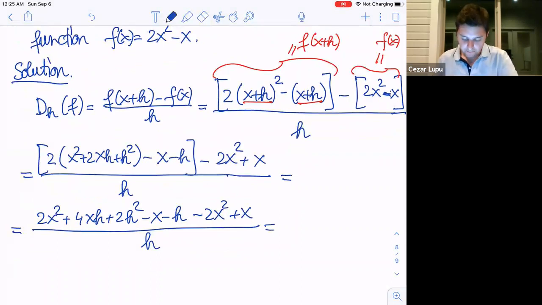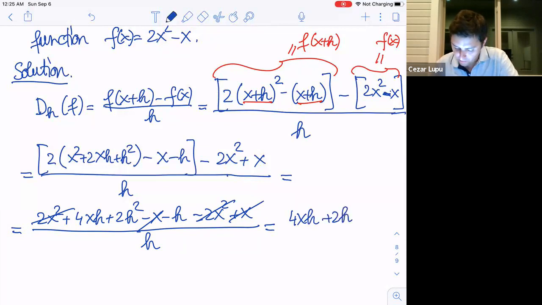So these guys will just go away. These guys again will go away. And we're left with the following: 4xh plus 2h squared minus h, everything over h. Well, guess what?